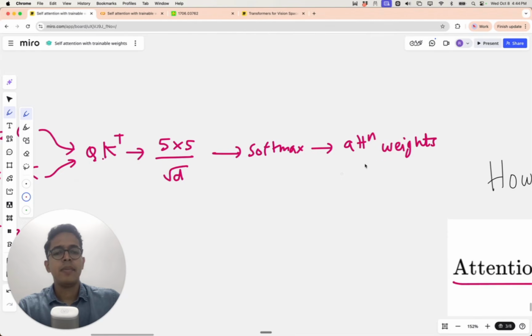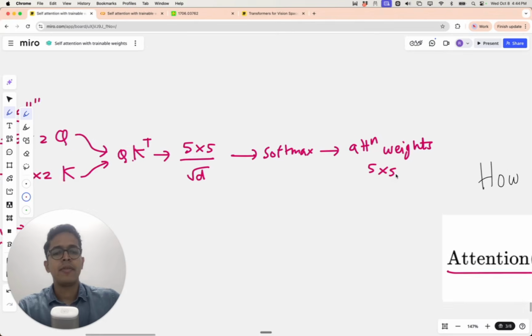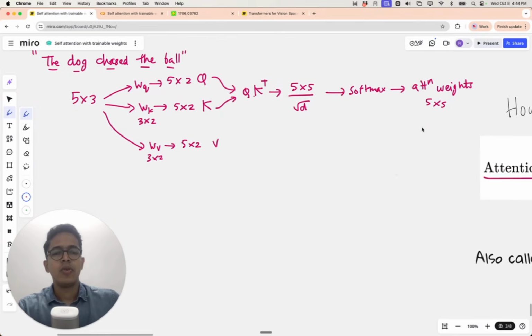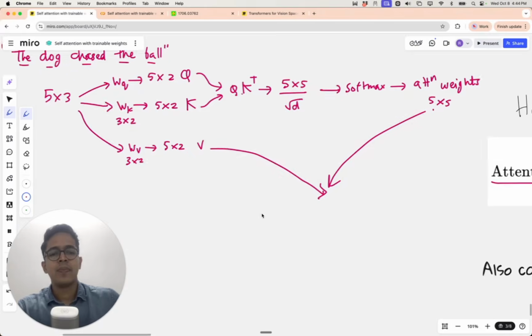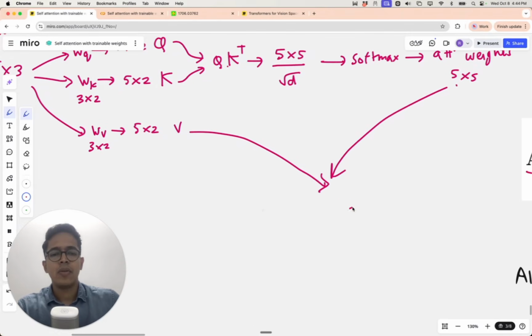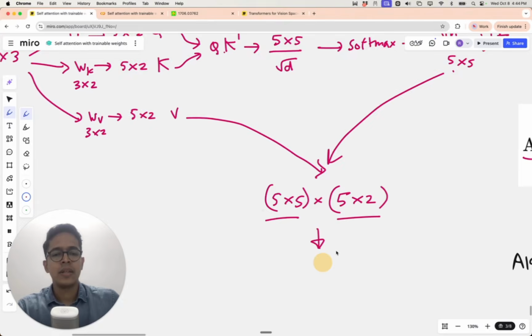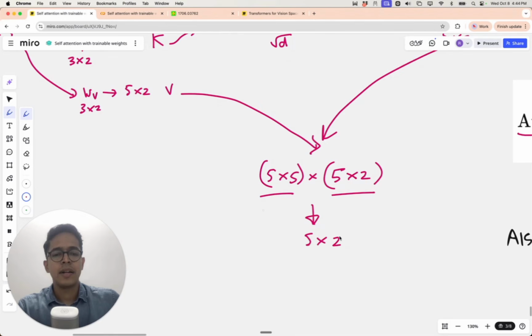This will again be a matrix of dimension 5 by 5. Then what do you do with these attention weights? Do you multiply them directly with the input embedding? No. You use them with the value. So your value is now 5 by 2 and your attention weights are 5 by 5. You multiply these two matrices to result in a 5 by 2 matrix.